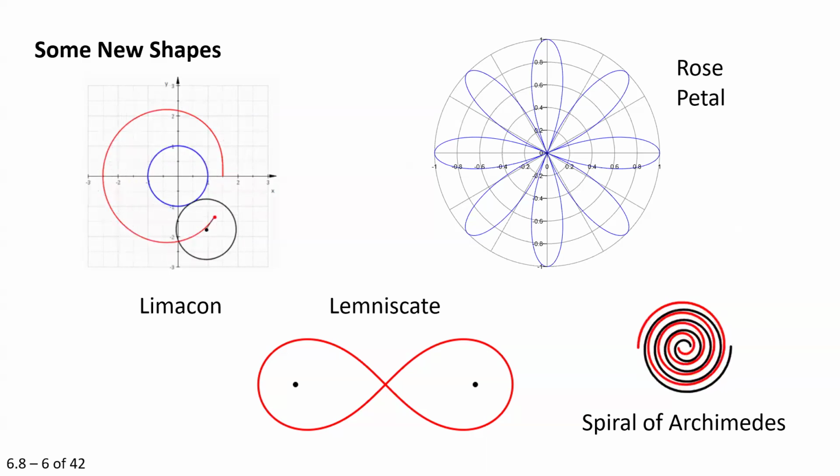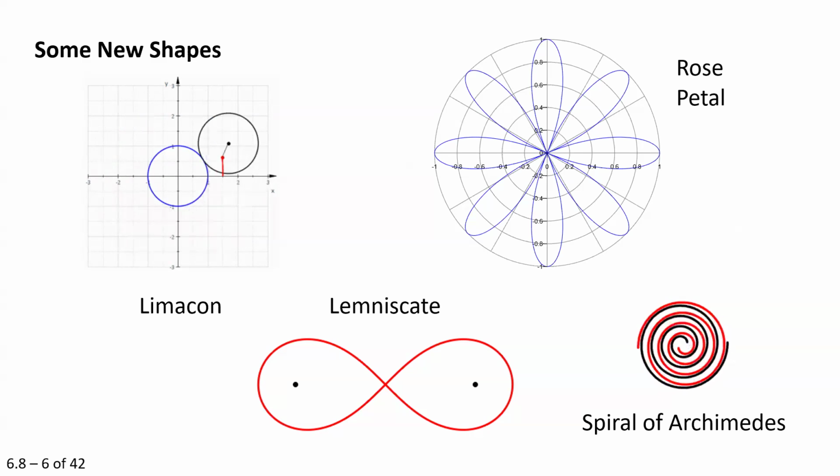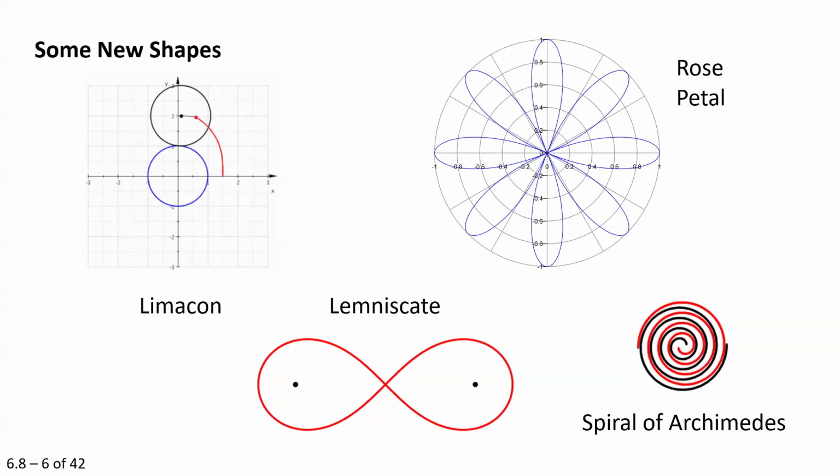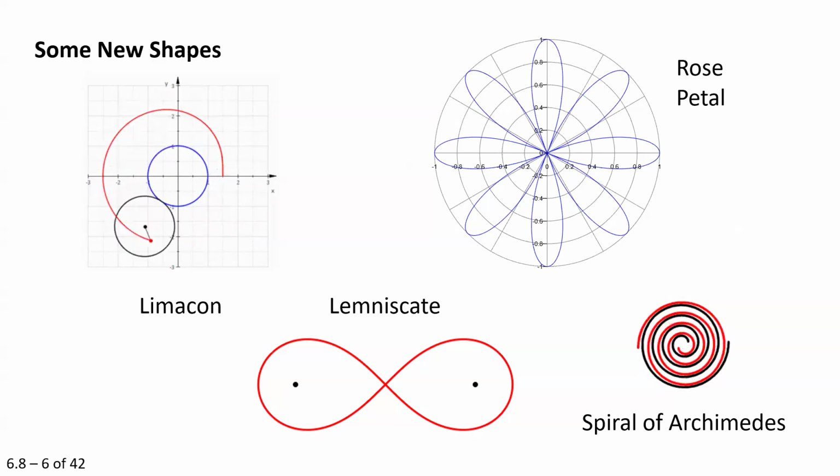If the pen is placed on the outer boundary of the circle, then we get a cardioid. If it's a little bit beyond that, then we get that extra loop in here. If it's less than that, then we get kind of a lumpy circle here.